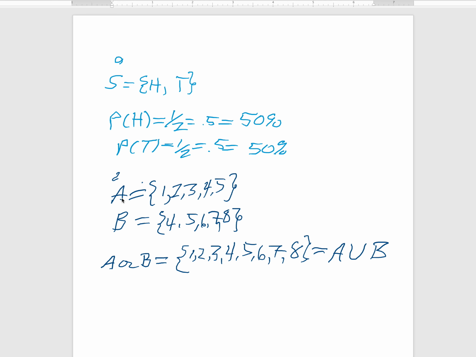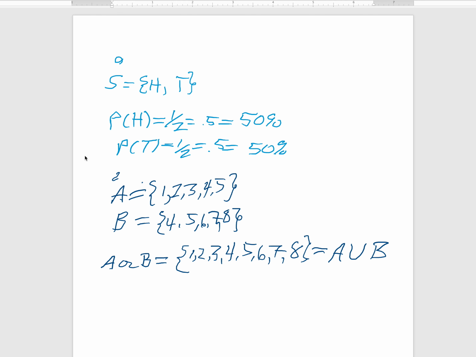This symbol here means a union. So this is set notation. A is a set of those 5 elements. B is a set of those 5 elements. They could be different lengths. But when I say let's take the union, I'm dumping all the elements of both sets into a new set, and there's no double counting.